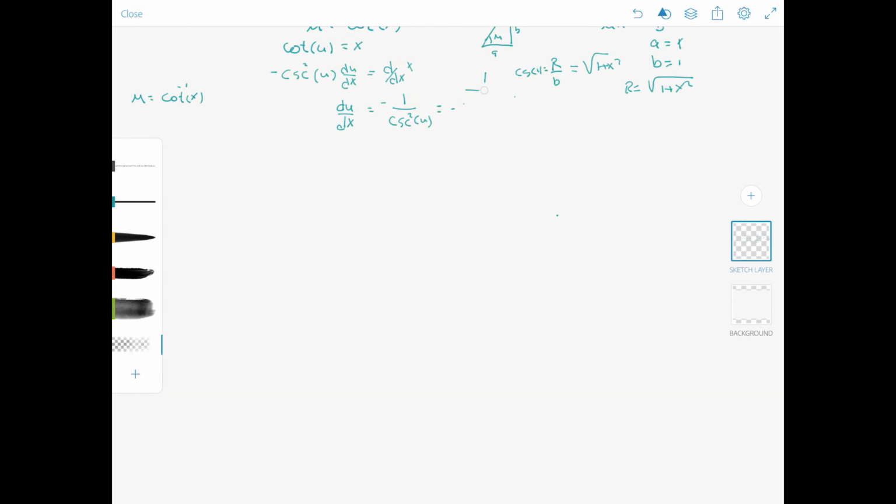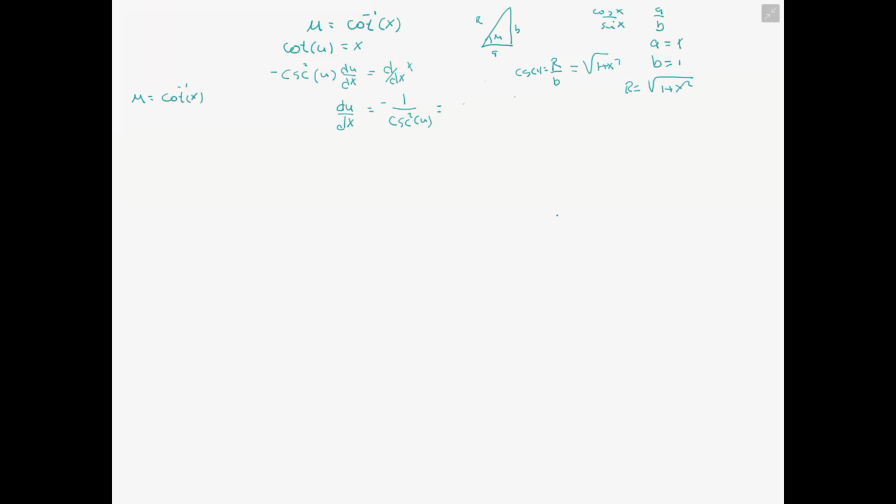So where my mistake was, before we go any further, I just wanted to show you. Now, R on B is the square root of 1 plus x squared. But we have 1 on cosecant squared. See? So then that goes there, and this is squared, so that's got to be squared.